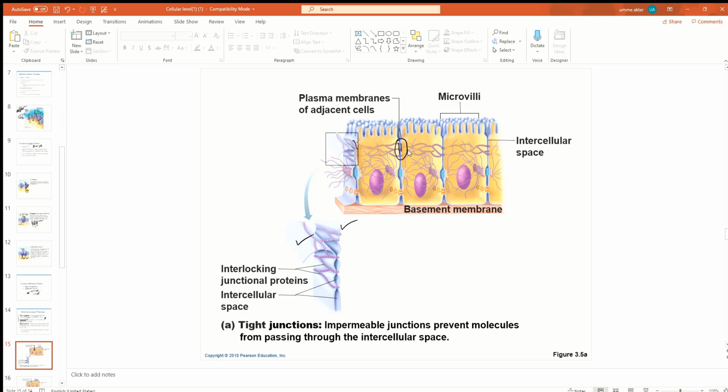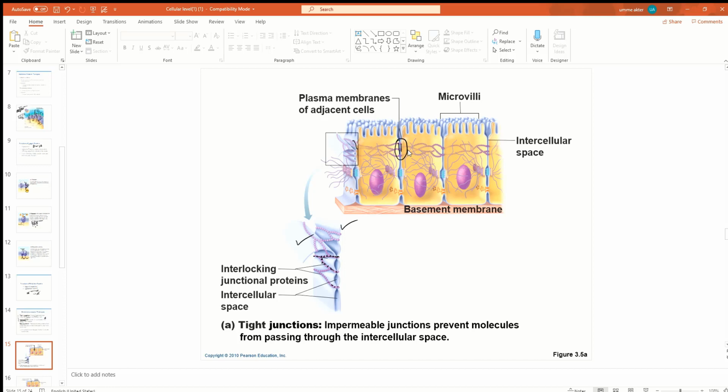So this is one cell membrane, this is another cell membrane of two cells, and these protein structures are the peripheral proteins that form the tight junction, and these proteins actually stretch the cell membranes together, like when you put two clothes together and stitch them. In a similar way, these peripheral proteins are attaching them together. Okay, and these are the tight junctions.